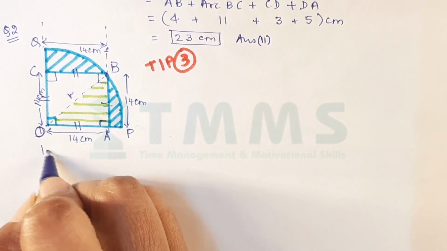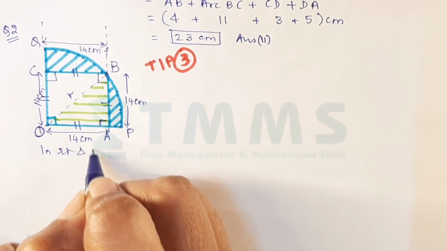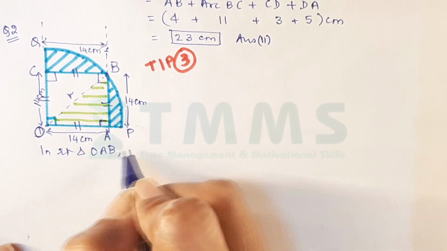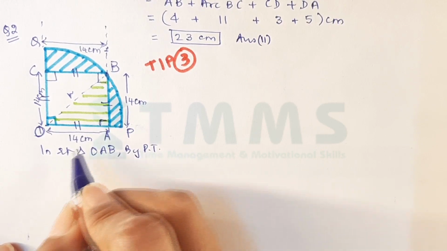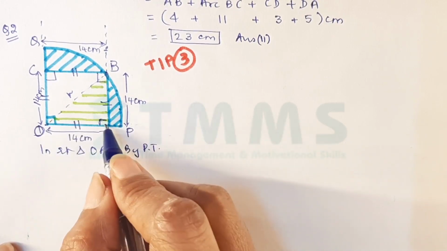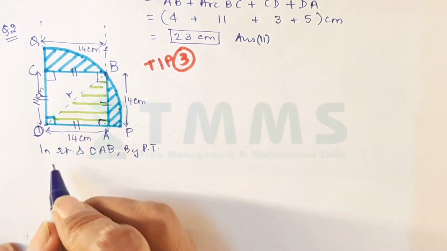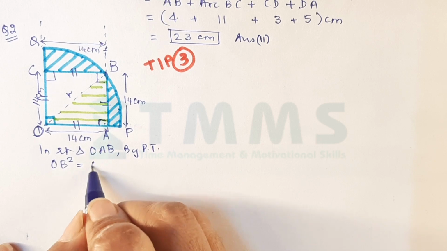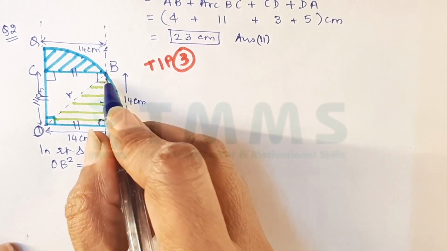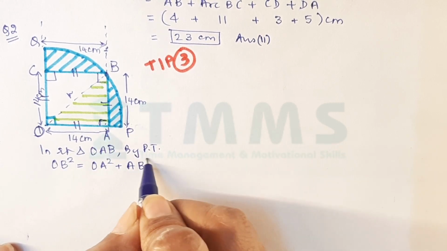We should say in right triangle OAB by Pythagoras theorem, and we will have hypotenuse, meaning opposite 90 degrees is hypotenuse. So OB squared is equal to OA squared plus AB squared, correct?